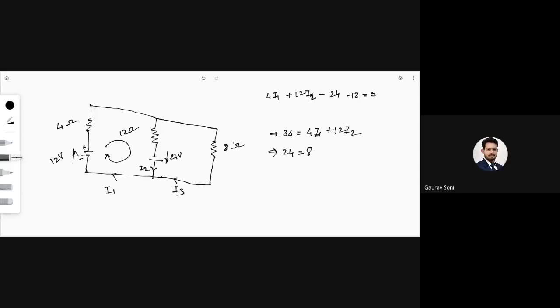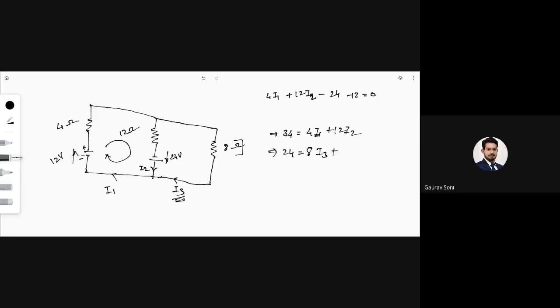From this resistor I3 is passing, so it has to be 8 I3 plus. Sir, I substituted I3 into I1 and I2. Okay, that's what you have done. Fine. Sir, may I tell the other equation?